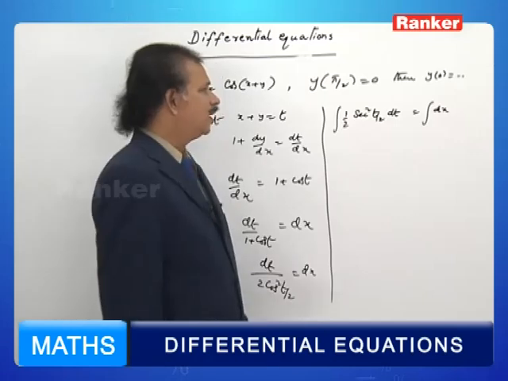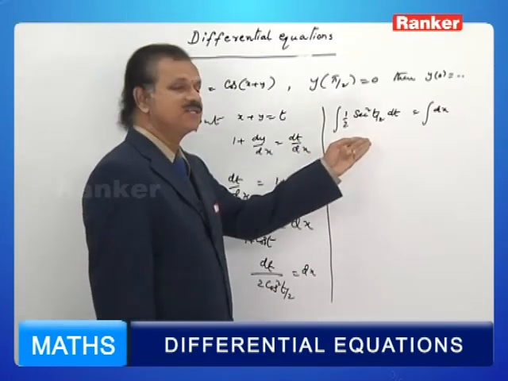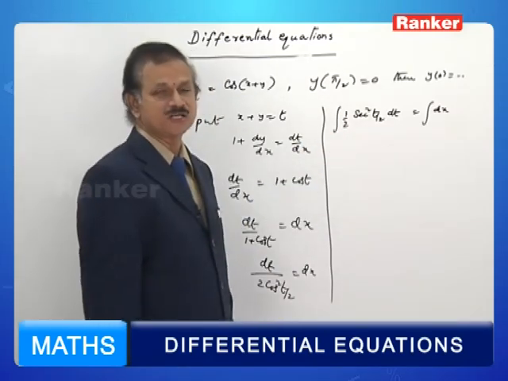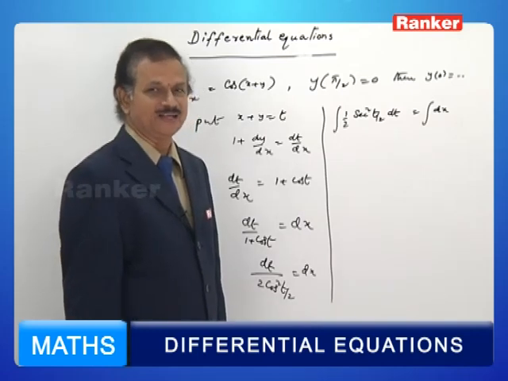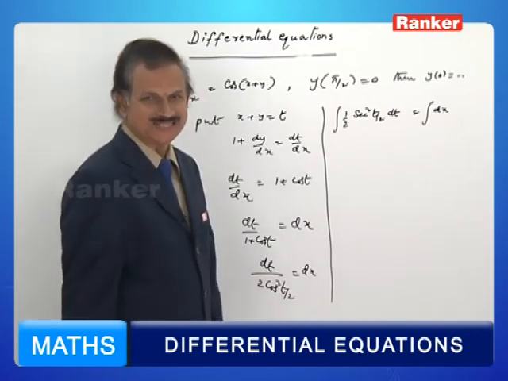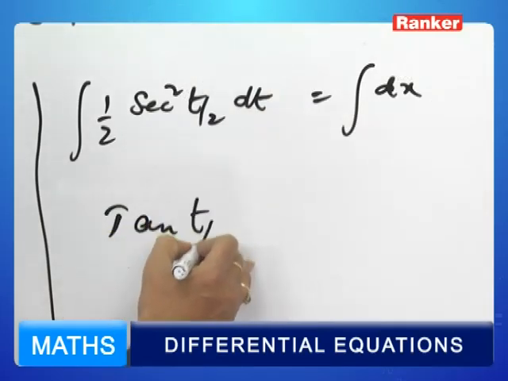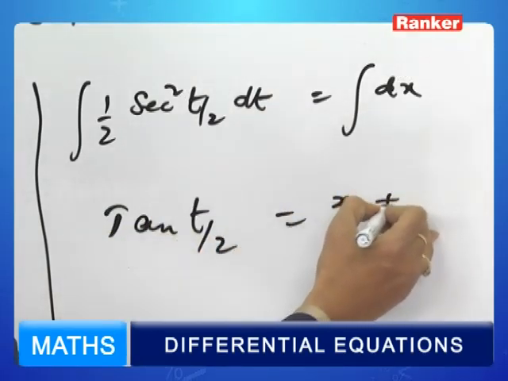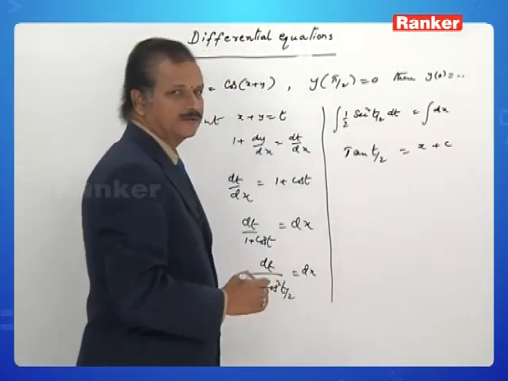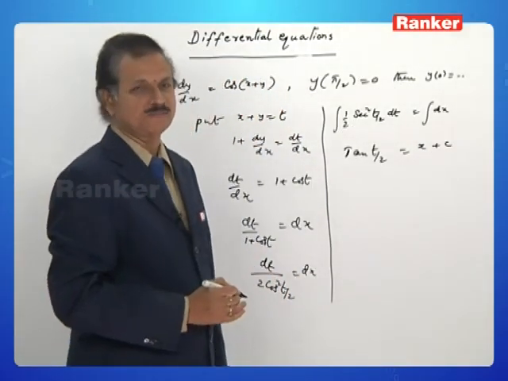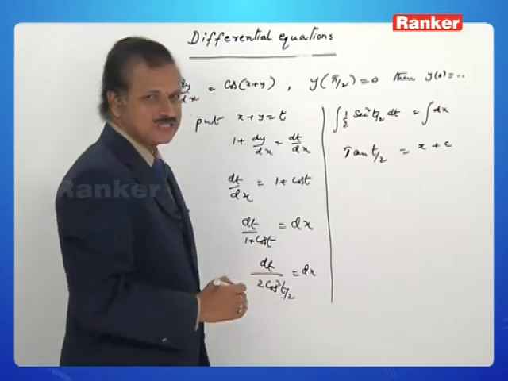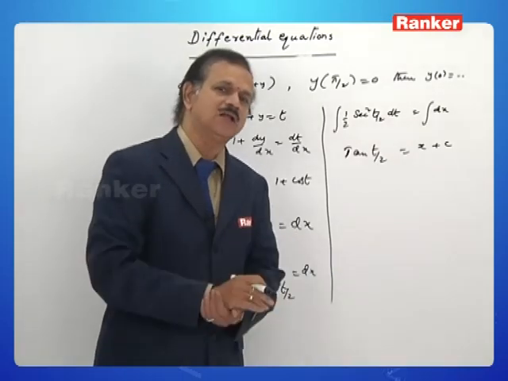Am I correct? What is half secant square t by 2 dt? For secant square t by 2, the integral is tan t by 2, and by half, it is just nothing but tan t by 2. So tan t by 2 is equal to x plus c. Now let us replace the original value of t.